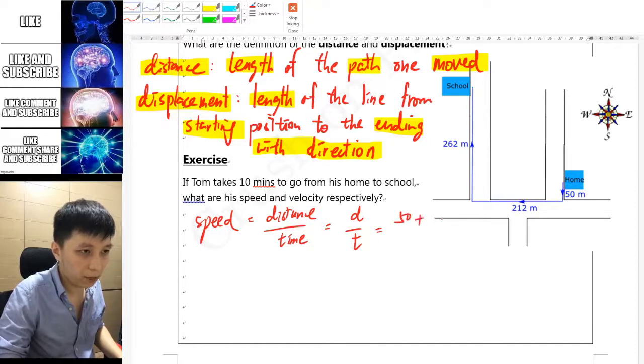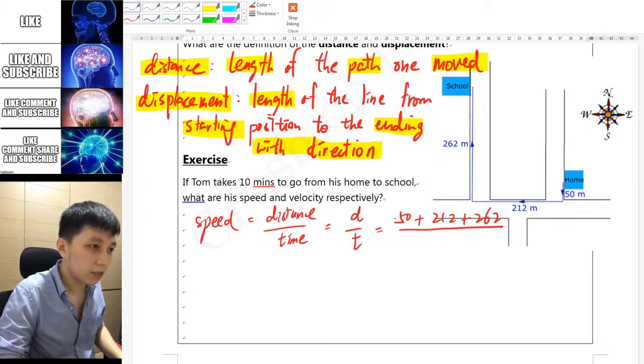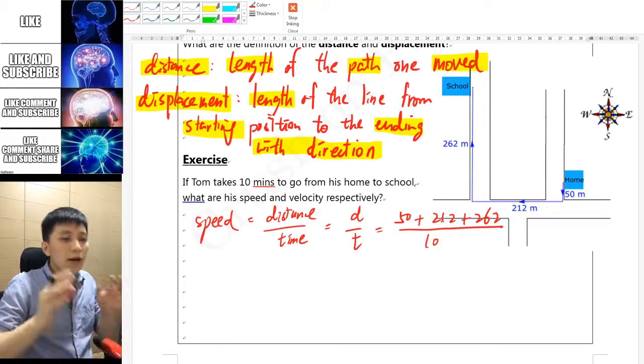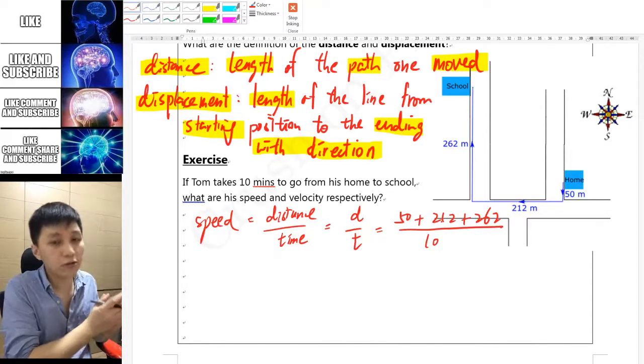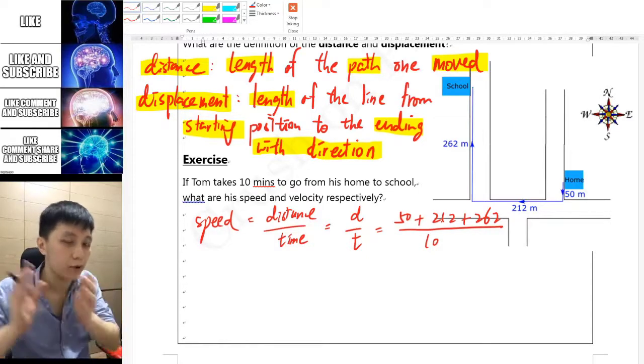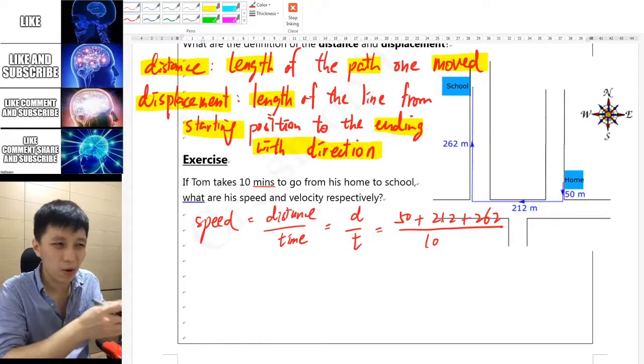So 50 plus 212 plus 262 divided by the time. The time you can see from the question is 10 minutes. However, for the speed or velocity in physics that we calculate, we usually use a unit of meter per second. We don't use meter per minute.